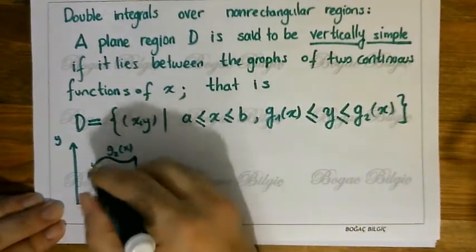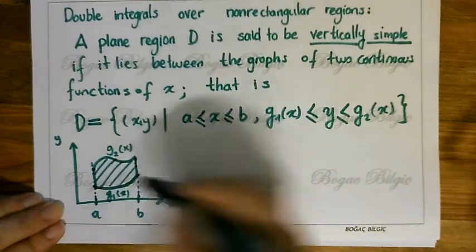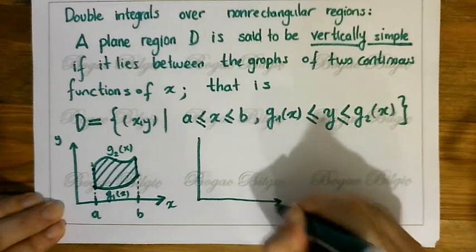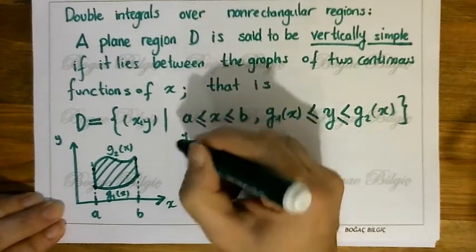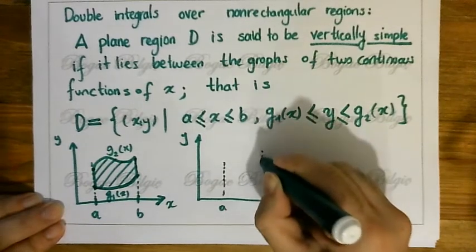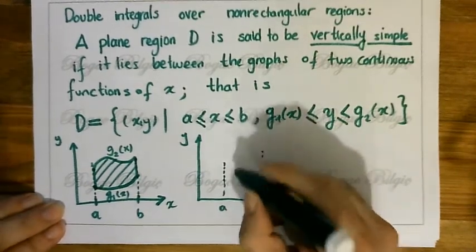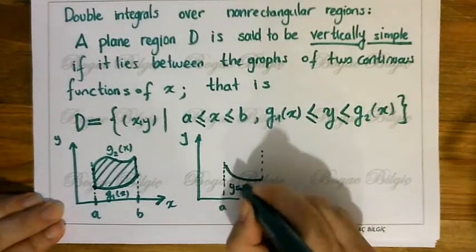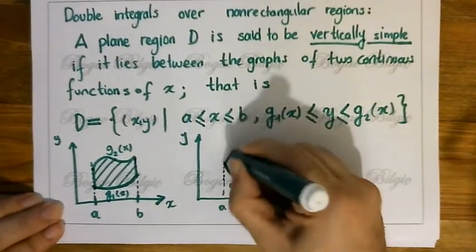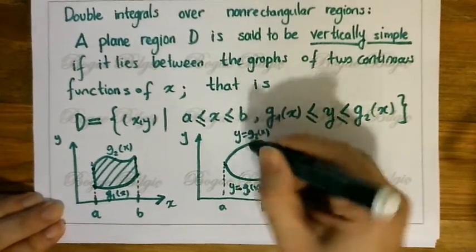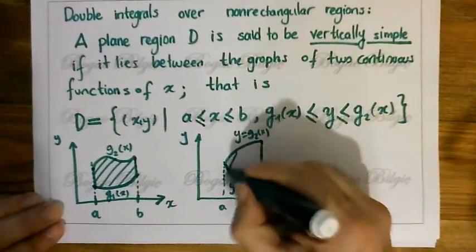The region is this. Another example: x, y, a, and b. y is g1(x) and y is g2(x). The region is this.